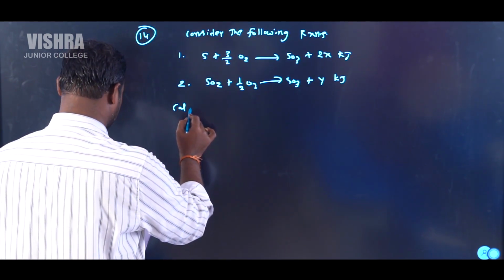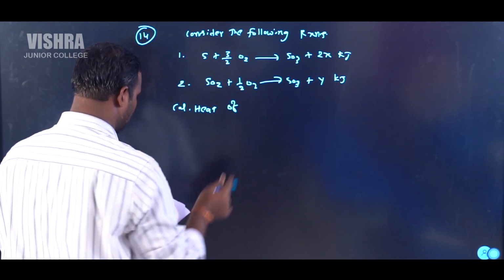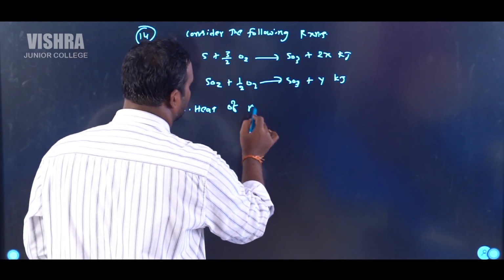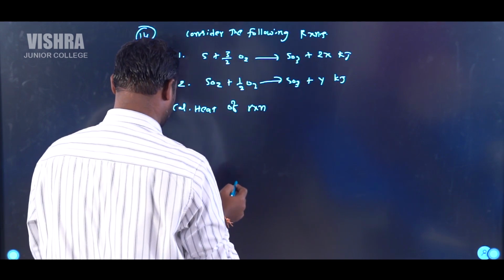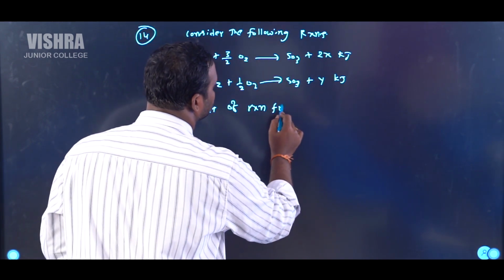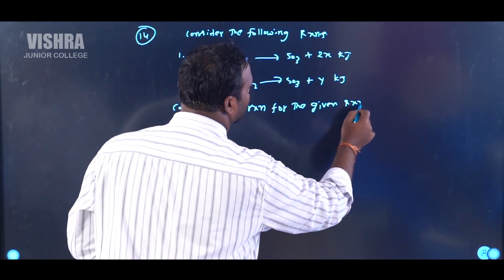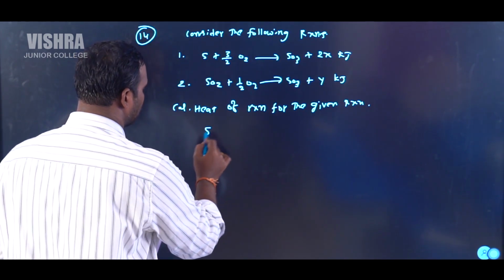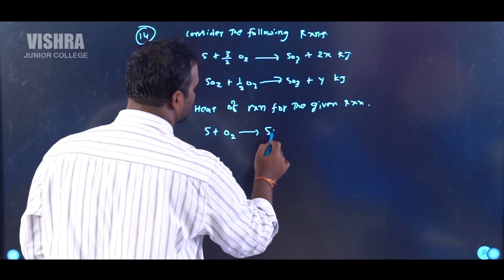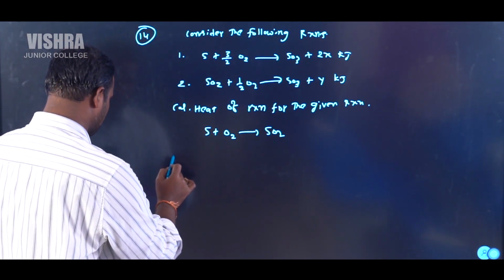Calculate the heat of reaction for the given reaction, that is S plus O2 gives SO2. We are given 4 options in this case.